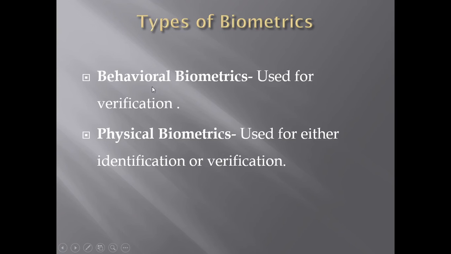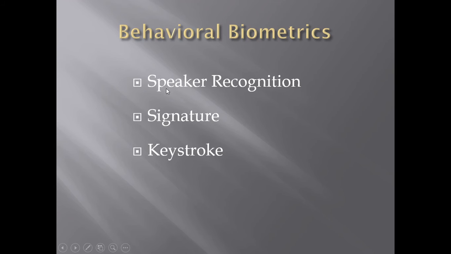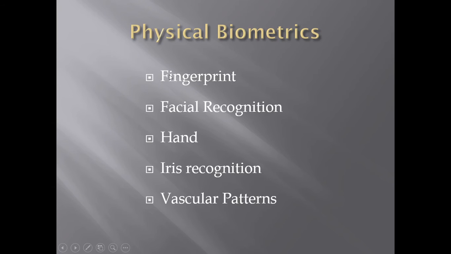Behavioral biometrics has speaker recognition, signature, or keystroke. And physical biometrics involves your fingerprint, facial recognition, hand, iris, and vascular patterns. These are physical biometrics.